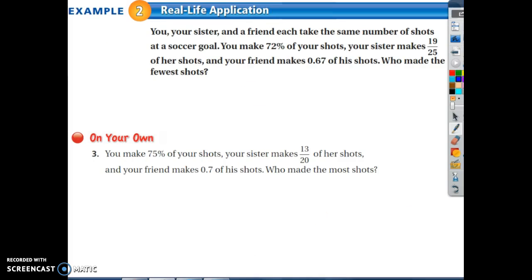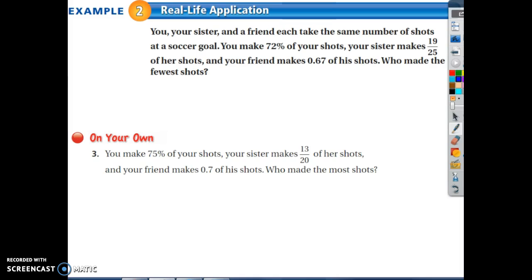In example 2, you, your friend, and your sister are each taking the same number of shots on a soccer goal. You make 72%, your sister makes 19 over 25, and your friend makes 0.67. We want to know who makes the fewest shots. In order to compare these numbers again, we need to have them either all 3 as fractions, all 3 as percents, or all 3 as decimals.